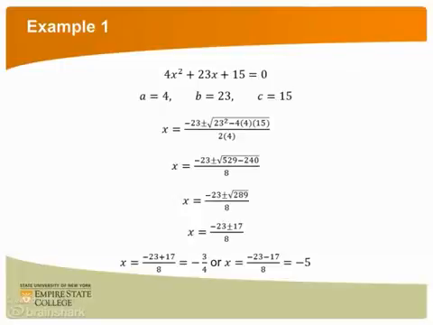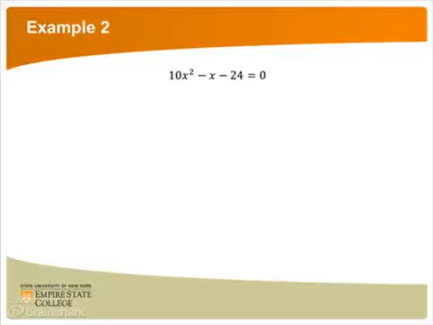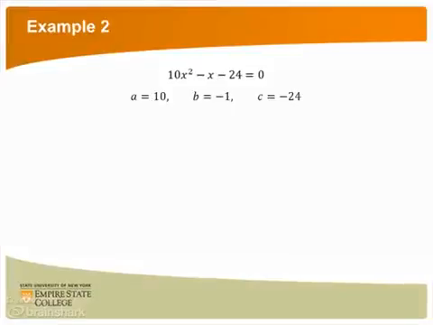Let's look at another example to ensure we know how to use the formula. What if we have the equation 10x squared minus x minus 24 equals 0? In this example, our a is 10. Our b, the coefficient of the x term, is negative 1.